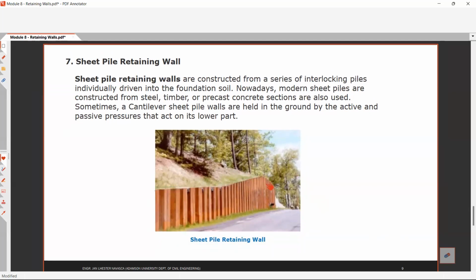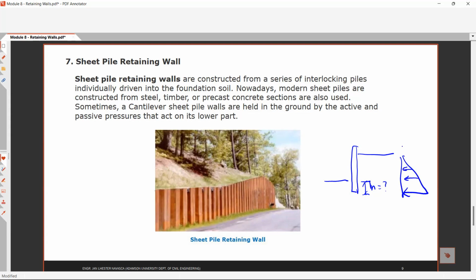So basically the same lang din siya dun sa mga pinasolve natin sa lateral earth pressure. So meron kang, assuming this is your retaining wall, meron ka ditong passive and active side. Okay, so ilan yung i-driven mo na H, di ba? If you recall your example problems. And H, meron kang lateral force dito.